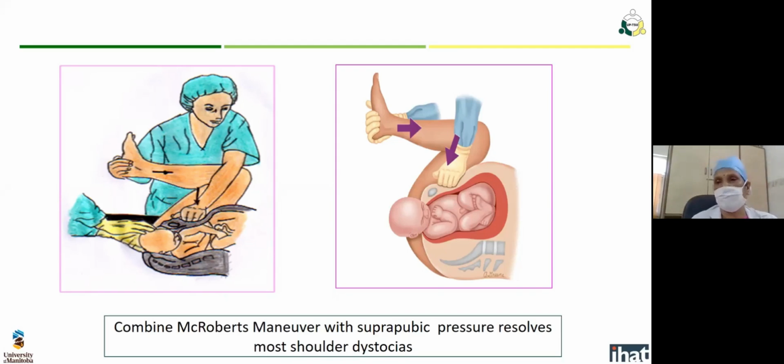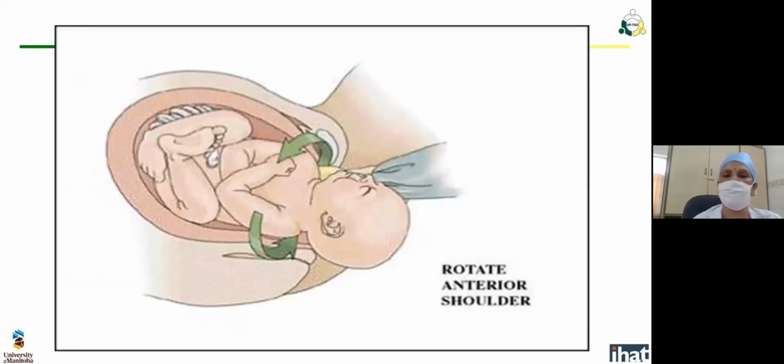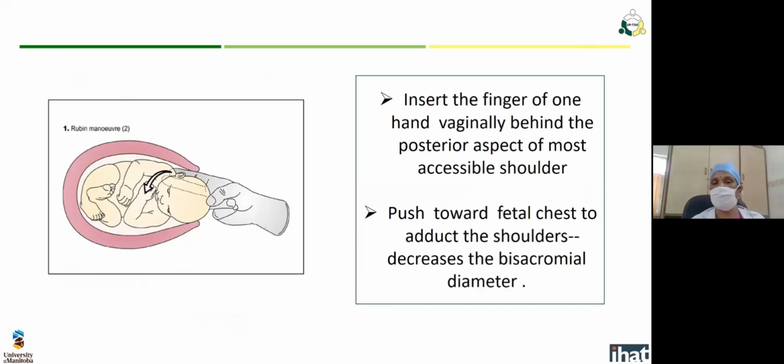When this maneuver fails, then another maneuver is to rotate the anterior shoulder by moving obliquely. But if it is impacted, sometimes it is very difficult. Then what will you do? This is the Dupin's maneuver.